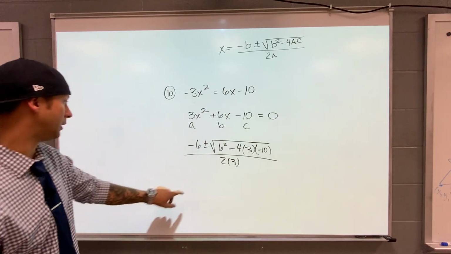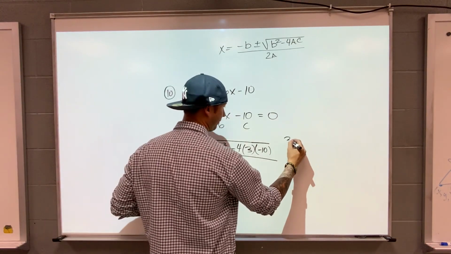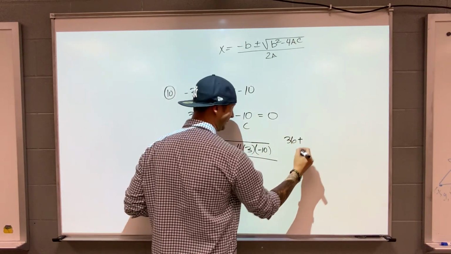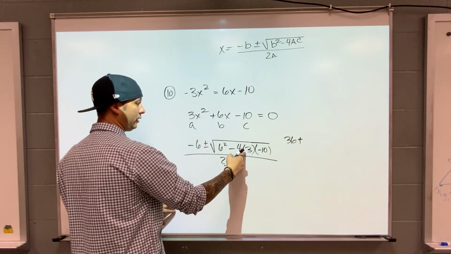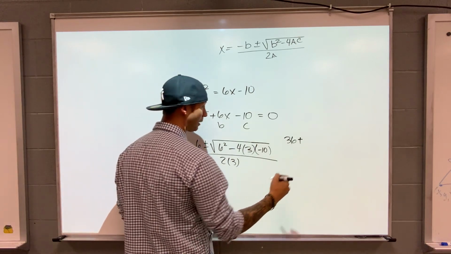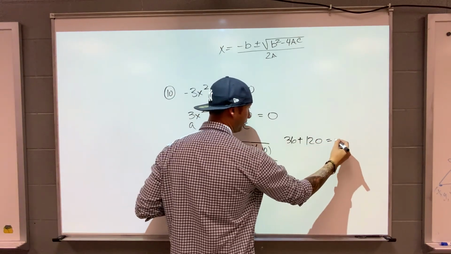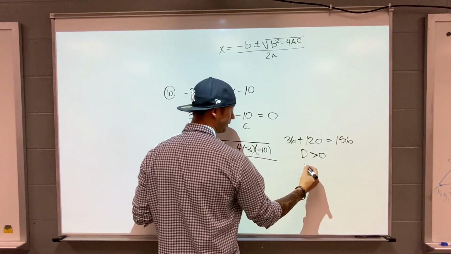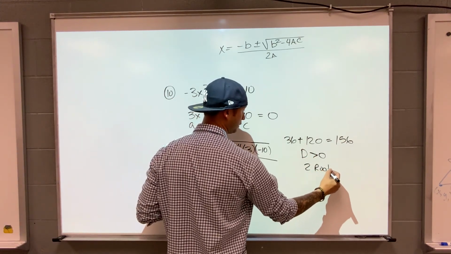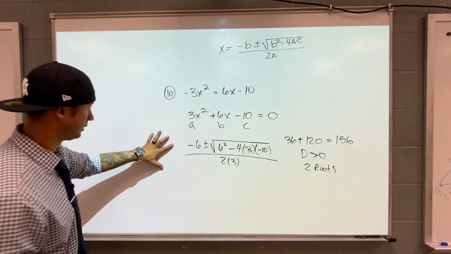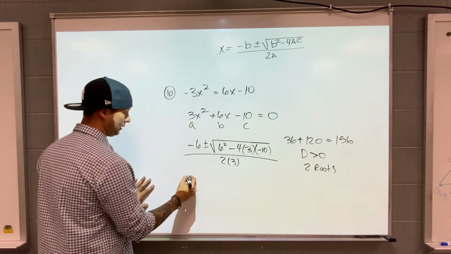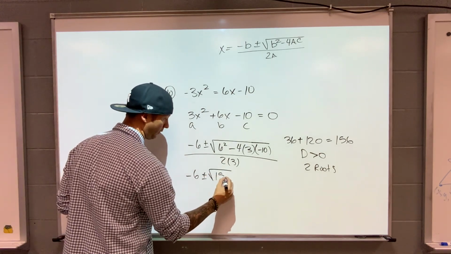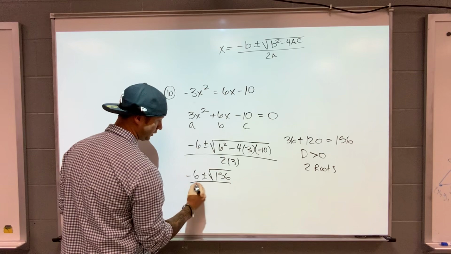Okay, discriminant check. 36 minus, that negative is plus, and then 4 times 3 is 12, times 10 is 120. This is 156. So the discriminant is positive, so 2 real roots. Let's see what they are. So this is going to be negative 6 plus or minus the square root of 156 all over 6.